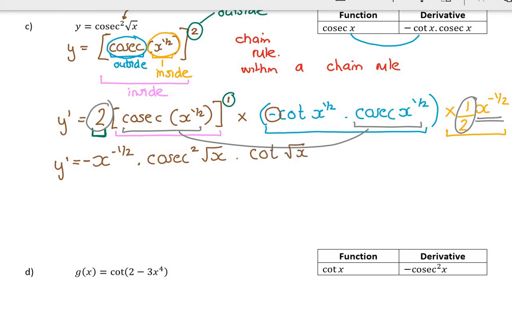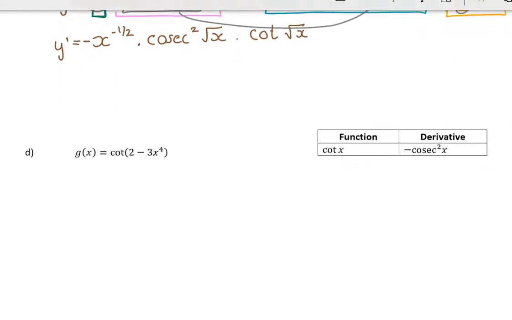So all I've done there is written these 2 cosecs as cosec squared and then the cot root. So it looks a little bit more simple and pretty if we just neaten it up a bit. So that one is quite a cool one.